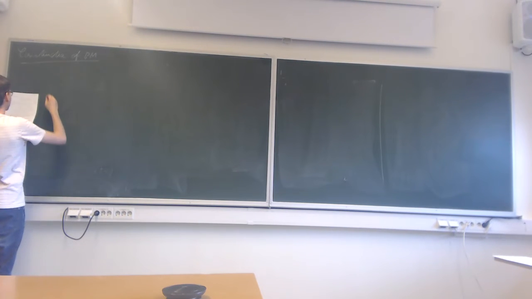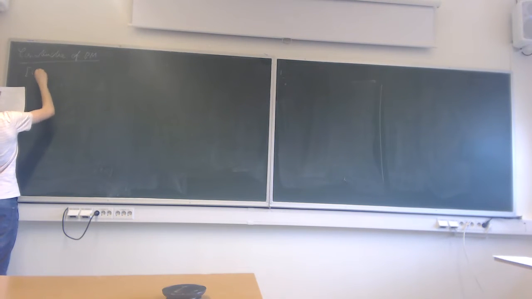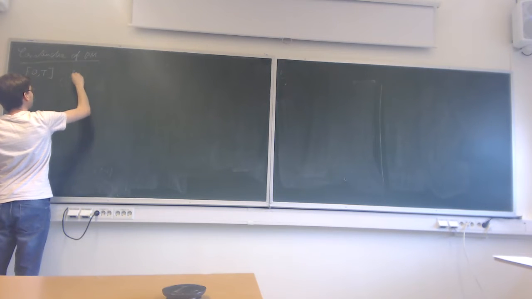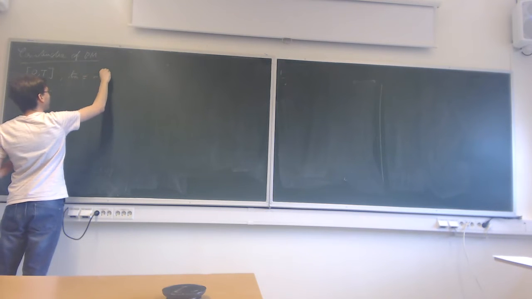Anyway, so the first construction is with a random walk. It's exactly what we saw up to now. We take a time interval [0, T], a discretization, Tn equal to n times delta t.